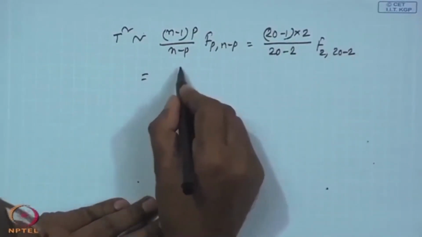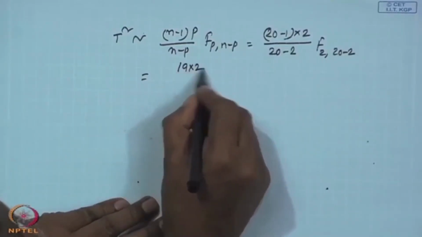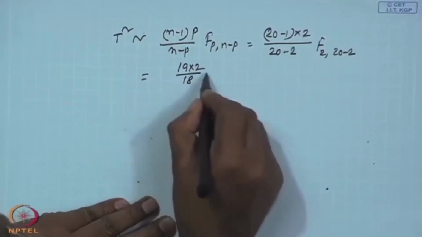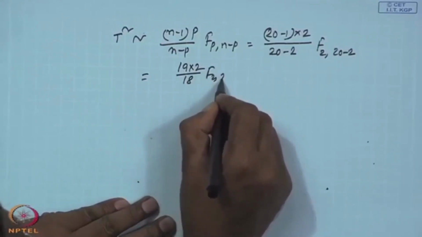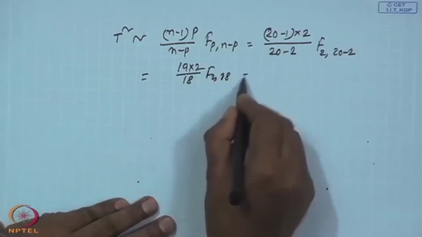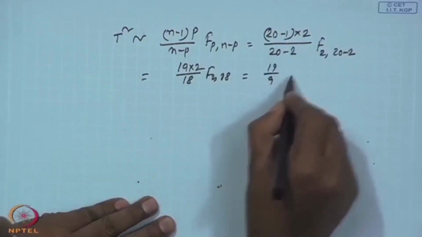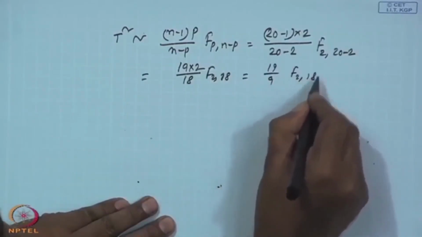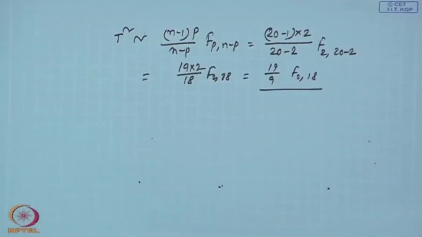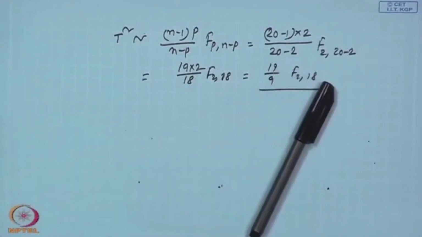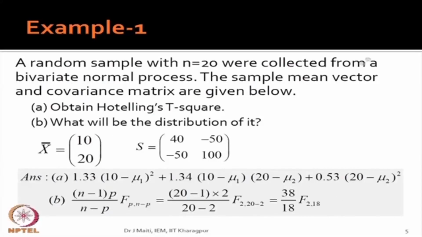So, this will be 19 into 2 by 18, F 2, 18. So, you can write 19 by 9 F 2, 18. Okay. So, you see this slide again. Our problem is this, your question is this and your answer is this.